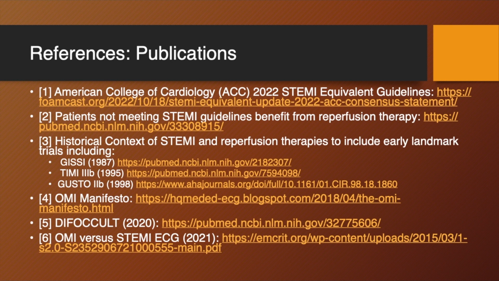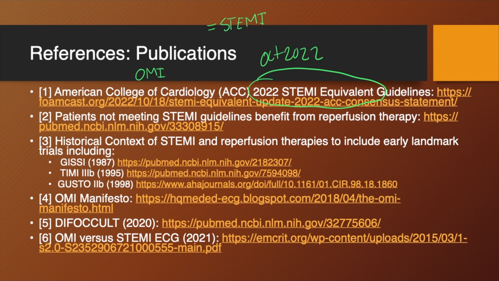All right, and then here are some of the publications that I'm referencing. The American College of Cardiology 2022 STEMI Equivalent Guidelines. This is an important paper that was published in October of 2022, where the American College of Cardiology does not use the term OMI, but rather what they say is there are multiple findings that should be considered equivalent to a STEMI.